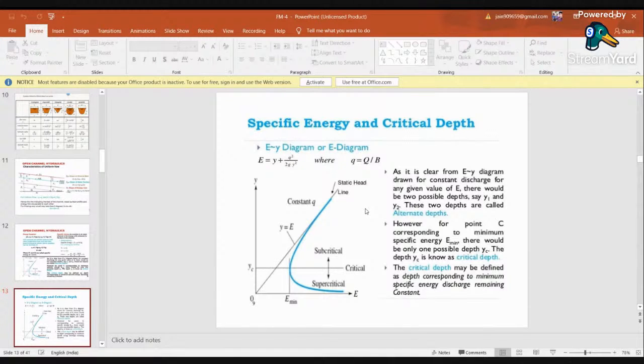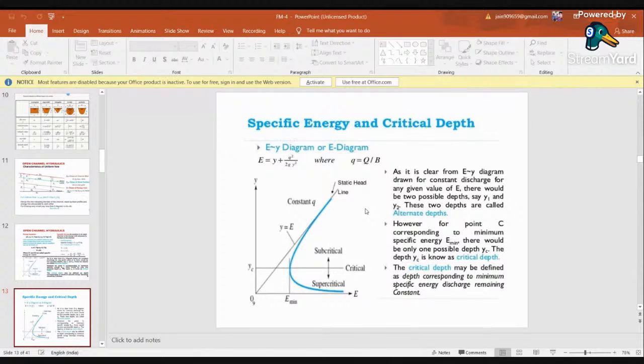Now, this diagram is nothing but your specific energy diagram. Here, from this equation, on the x-axis we have plotted the specific energies, and on the y-axis we have plotted the depth of the channel.